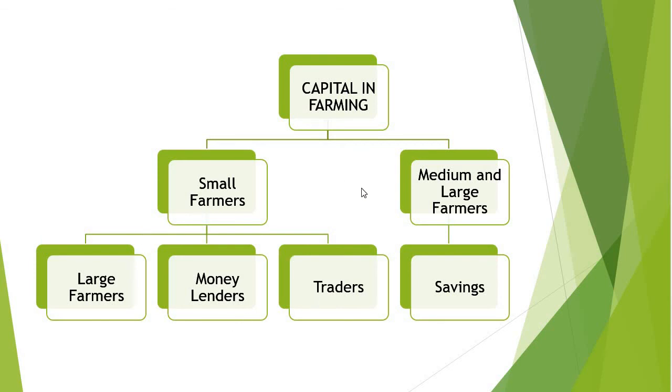On the contrary, the medium and large farmers do not need to borrow money. They already have a good amount of agricultural output which they sell in the market, and as a result they have a good amount of money. So in order to arrange for capital, they use their own savings.